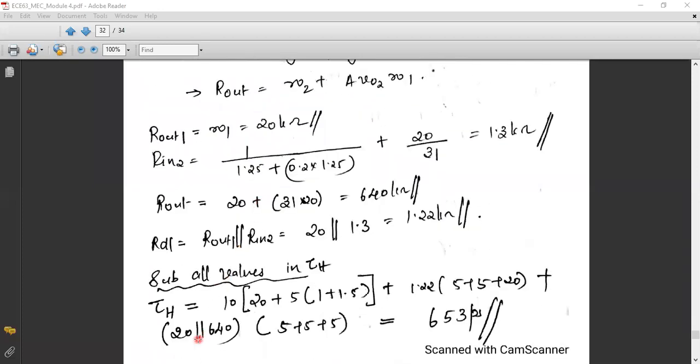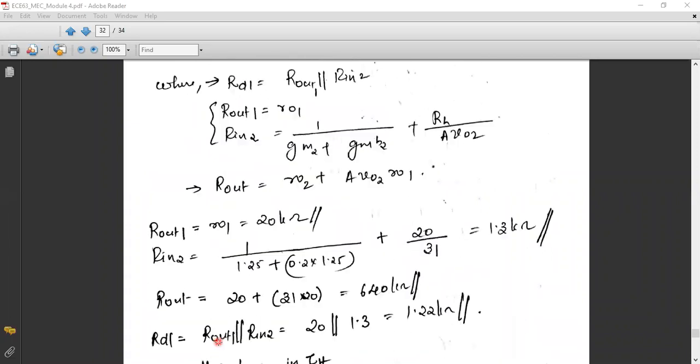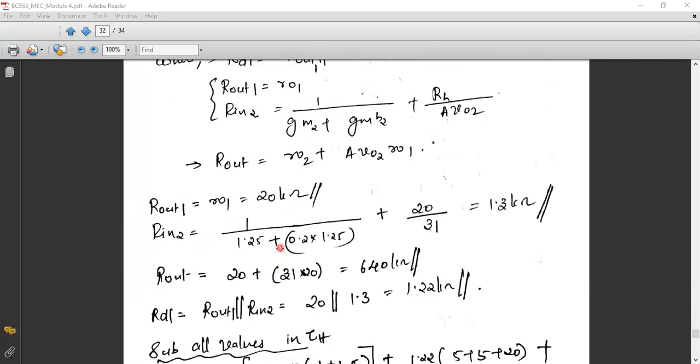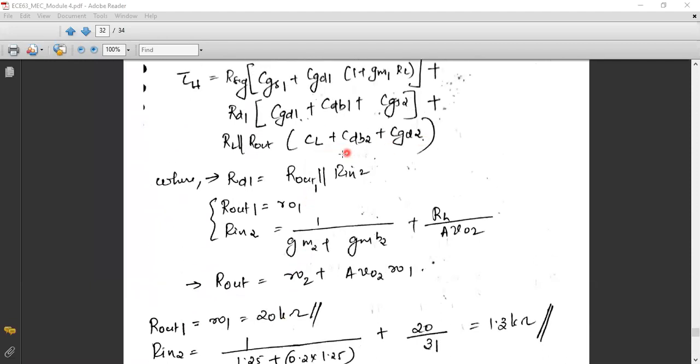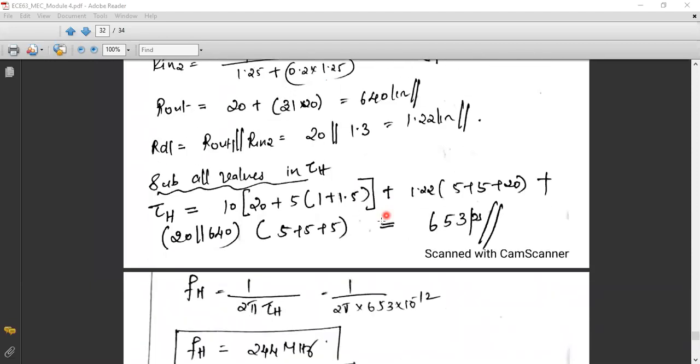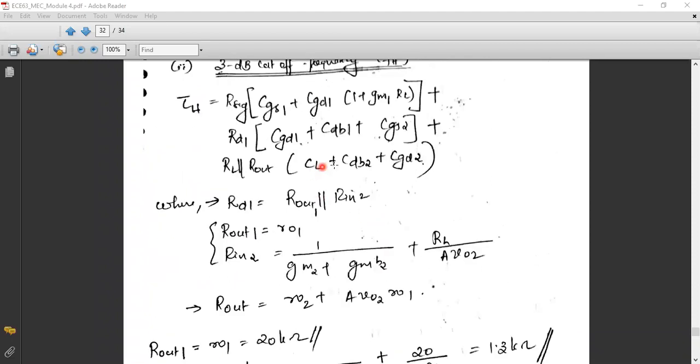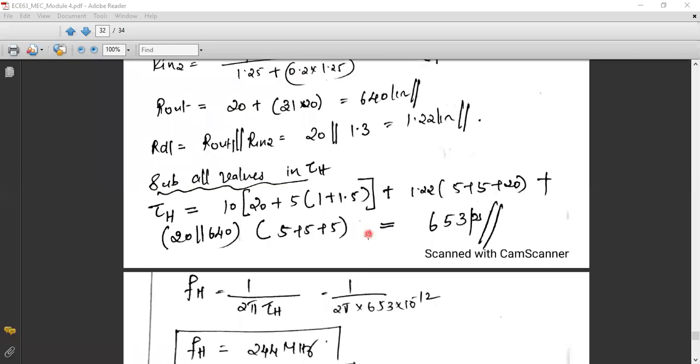RL is 20 kilo ohm for this particular case. Parallel R out is 640. So 20 parallel 640 into, again we have the three capacitances, 5 plus 5 plus 20. I mean 5 plus 5 plus 5, all three are 5, only CGS is 20. So 5 plus 5 plus 5. So that will make you 653 picoseconds for tau h.